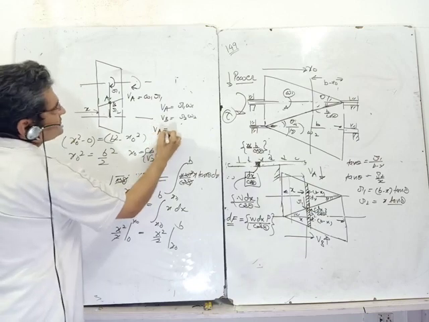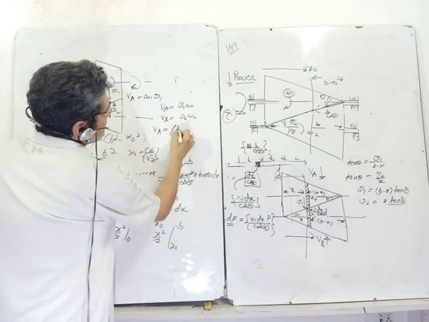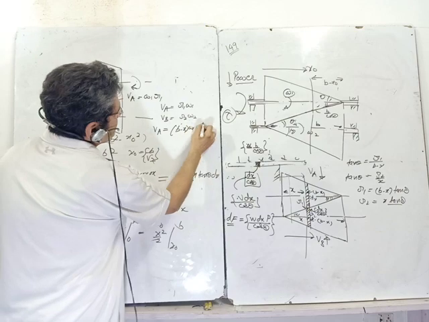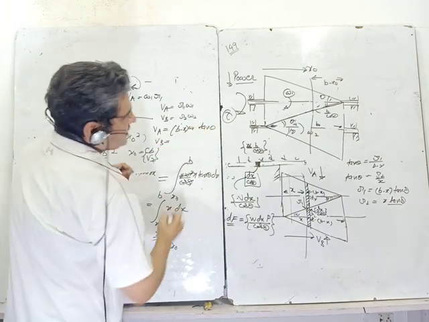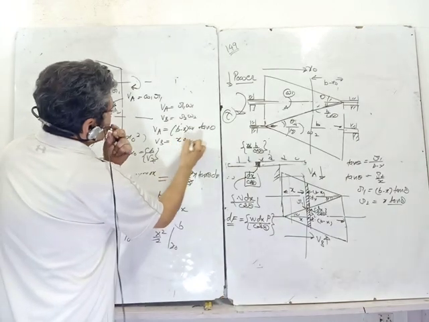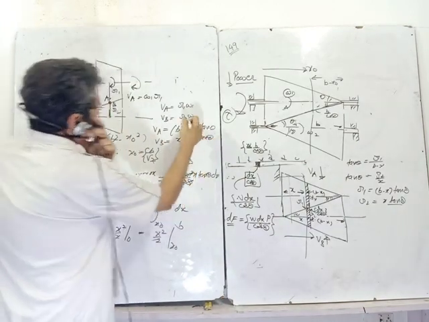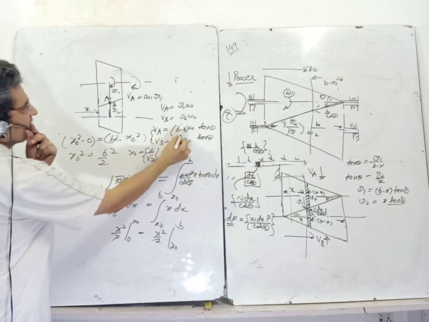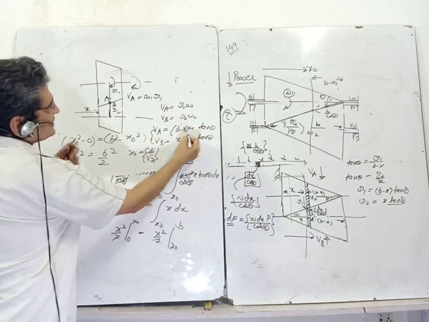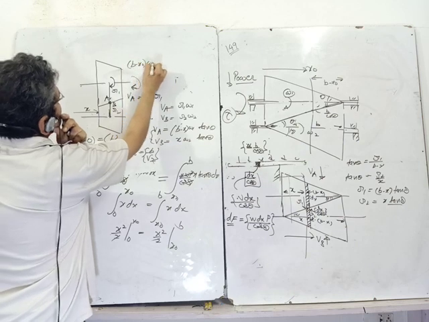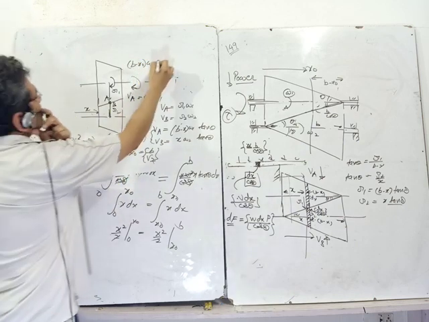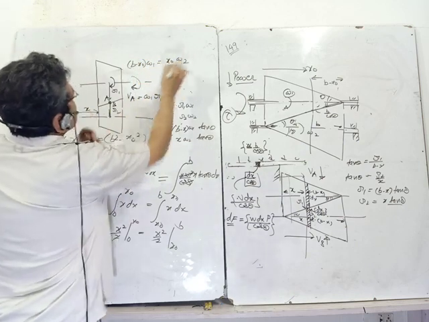I again write VA is equal to, what is R1? b minus x, omega 1 tan theta, and VB is x into omega 2 tan theta. Just equate that, because at x0, when I put the value of x as x0, I get b minus x0 into omega 1 is equal to x0 omega 2.